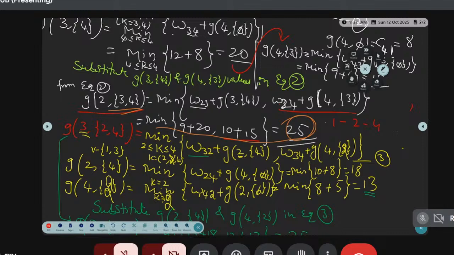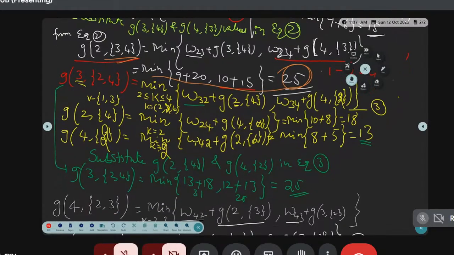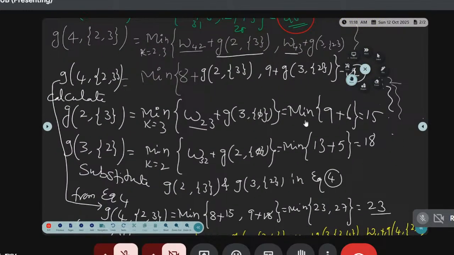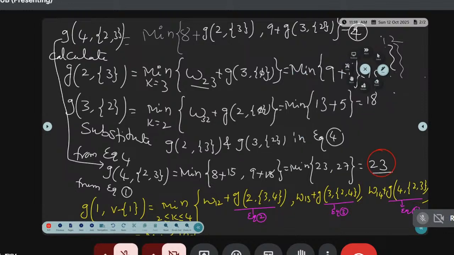Then G of 3 comma 2 comma 4 value, 25. G of 4 comma 2 comma 3 value, we have here 23. 25, 25, 23. Right?